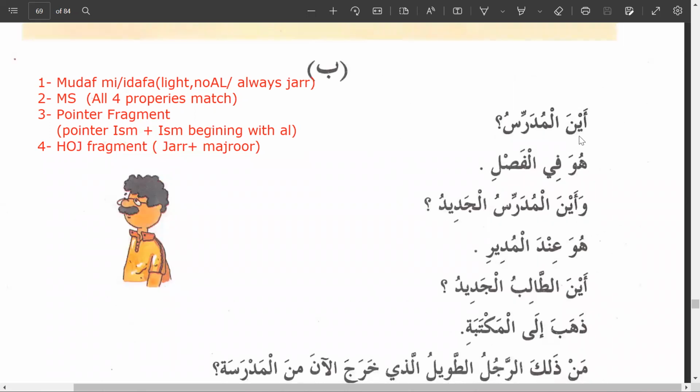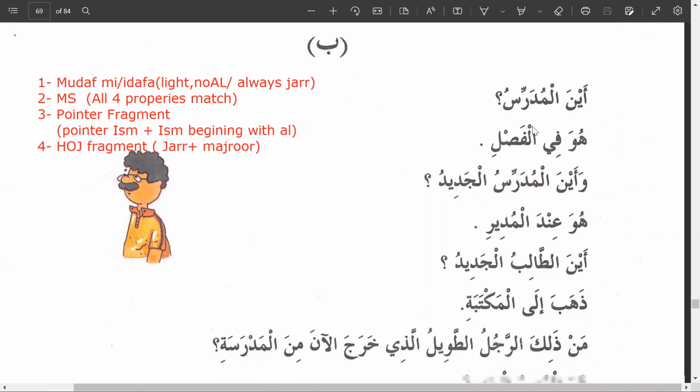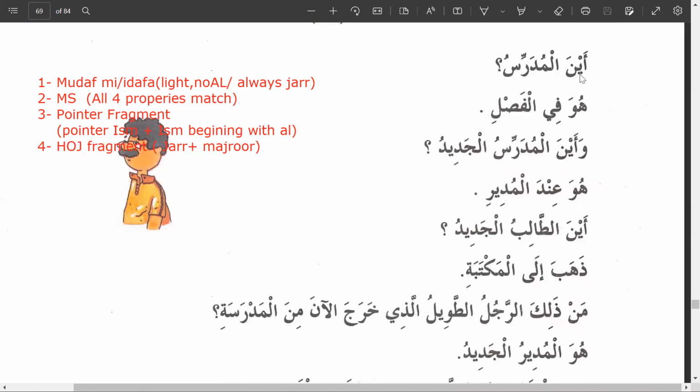Okay, let's start. Read this first sentence. Ayna al-mudarrisu. What does it mean? Where is the teacher?